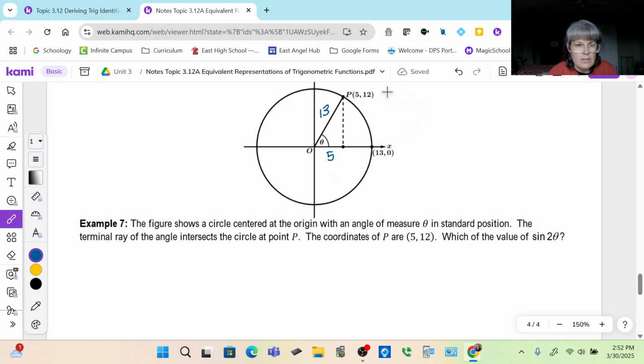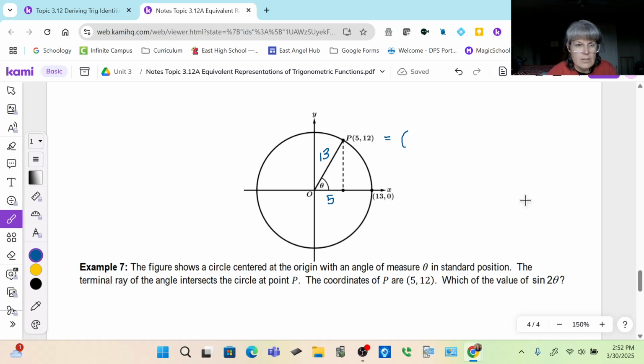So my cosine of theta is going to be 5 over 13. That's going to be my cosine of theta. And my sine of theta is going to be 12 over 13.